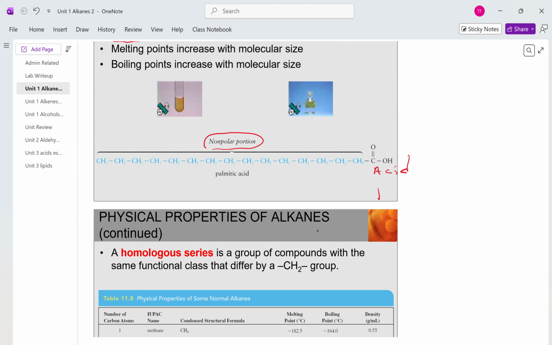This is very polar, and this is very nonpolar. But because of the acid end, it can be dissolved in water. Not very easily, but it can be dissolved in water. Now, we're going to be making soap in one of the wet labs, and this is one of the fatty acids we're going to be using.